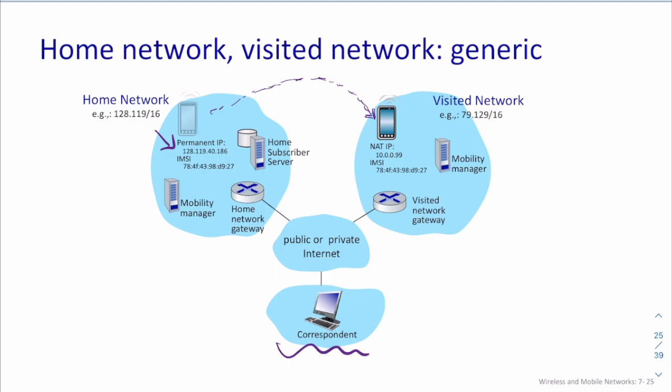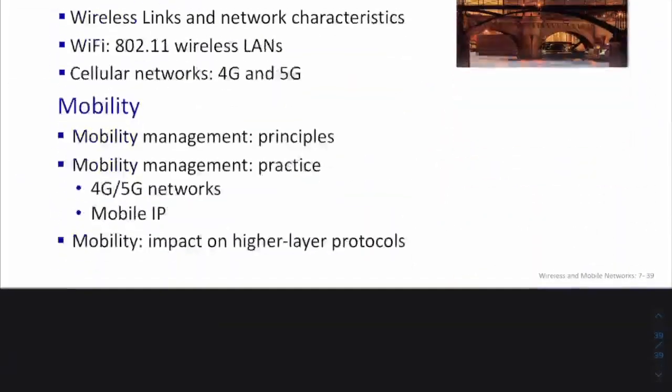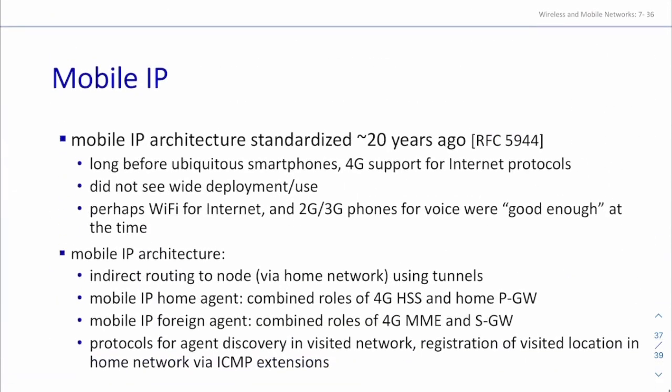You cannot use your permanent IP in your visited network. The more convenient way is that you access your visited network and get a new IP from it. You don't have to use your permanent IP, and then the structure is simpler and easier. So mobile IP is not that popular. Basically, as far as I know, no one uses mobile IP in current 4G or 5G networks.